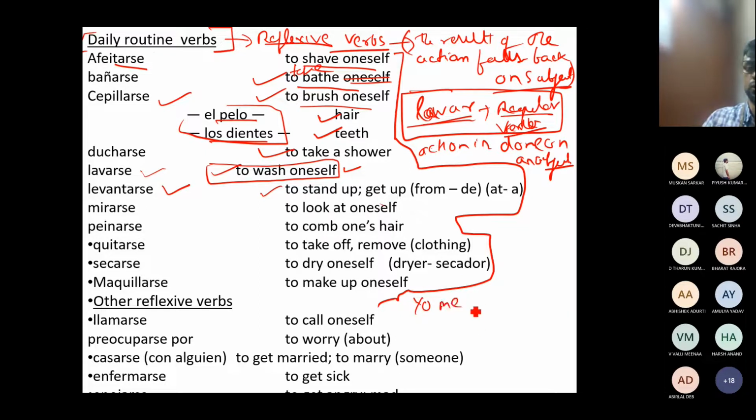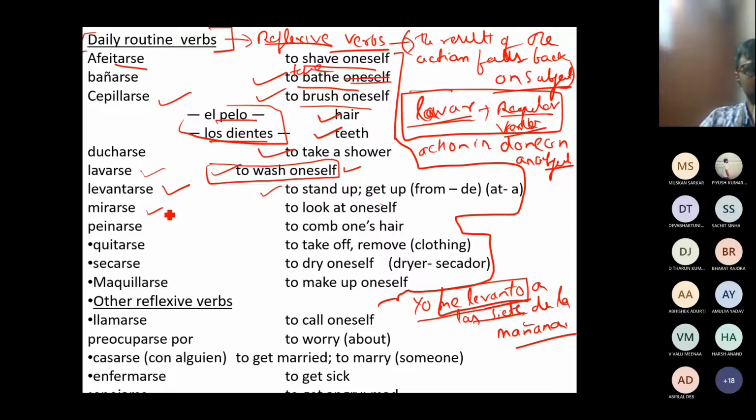It will be: yo me levanto a las 7 de la mañana. So I get up at 7 a.m. I have used levantarse to talk about my morning wake up time, get up time.